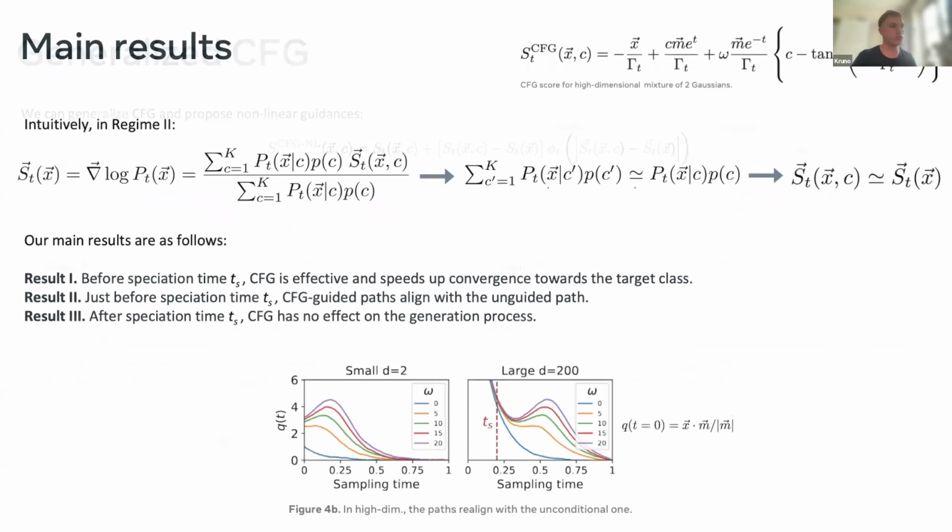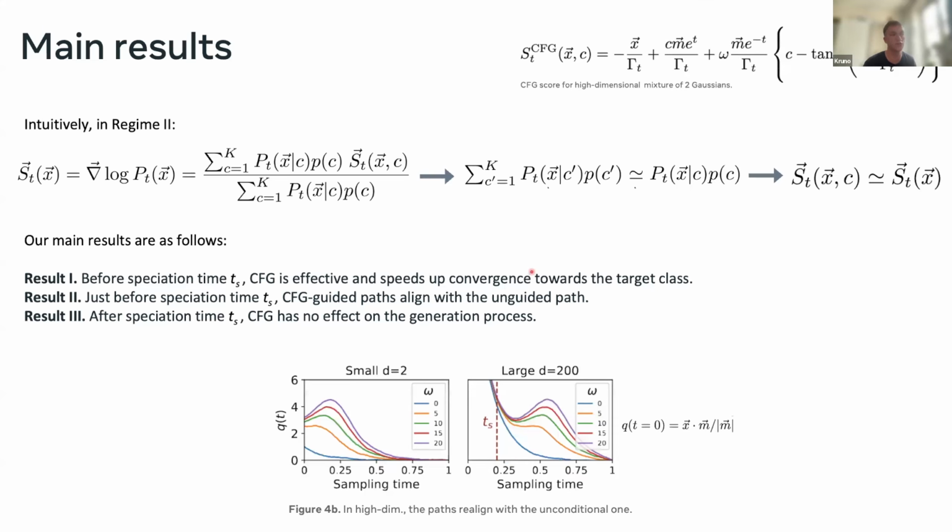So, to do a short recap. We have this speciation time, which is basically saying that after the speciation time, I'm sure in which class I'm going to end up. Before the speciation time, I'm not sure. What we've shown is that in large enough dimensions, classifier-free guidance is only going to have an effect here.